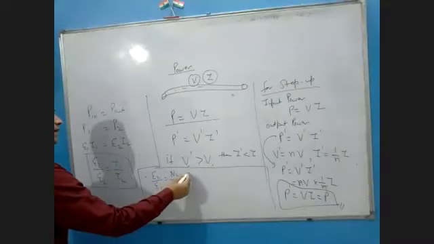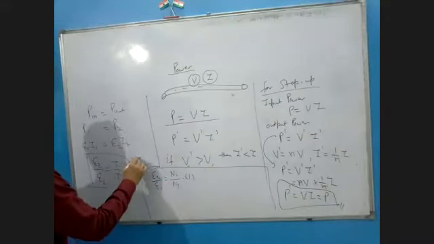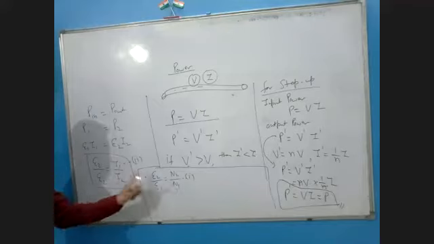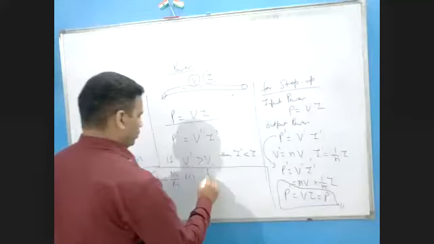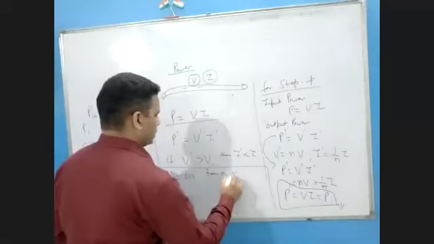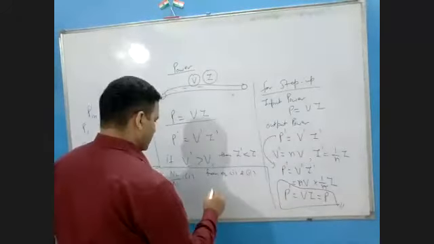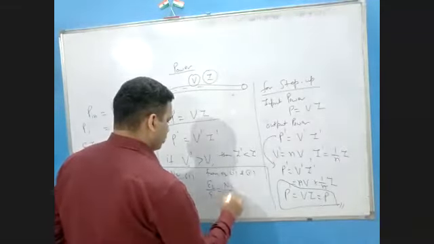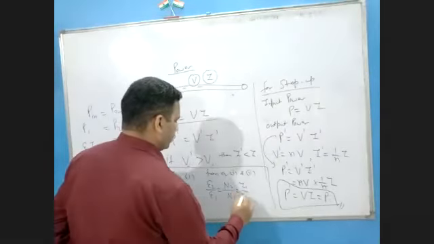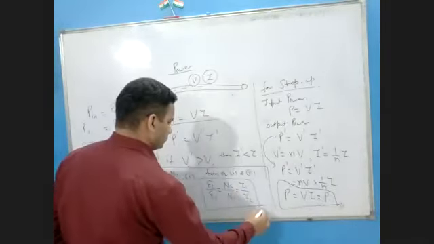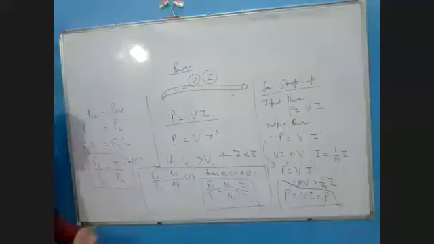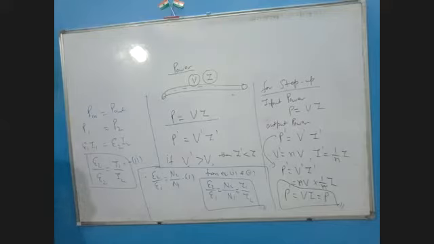So take this first one and this one second. By these two equations we can say E2 upon E1 is equal to N2 upon N1 is equal to I1 upon I2. It means the transformation ratio is in the reverse manner of the current.